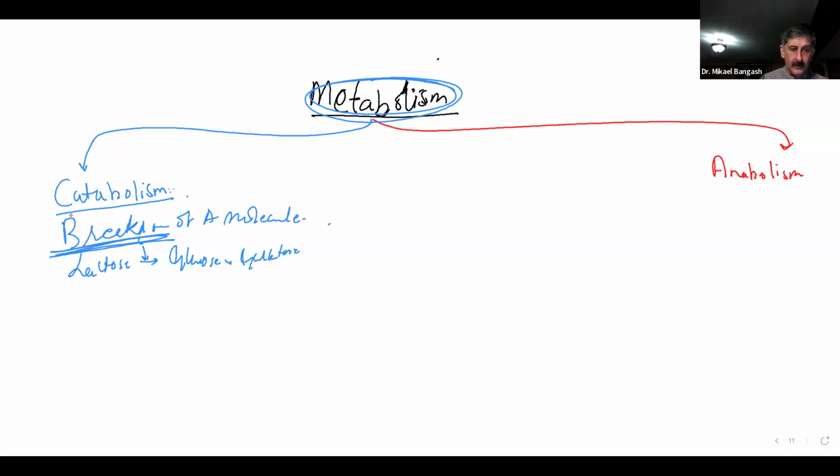That means anabolism still comes under the umbrella of the term metabolism. It is actually the buildup of molecules.